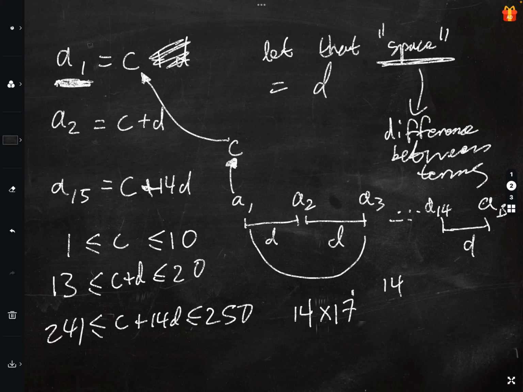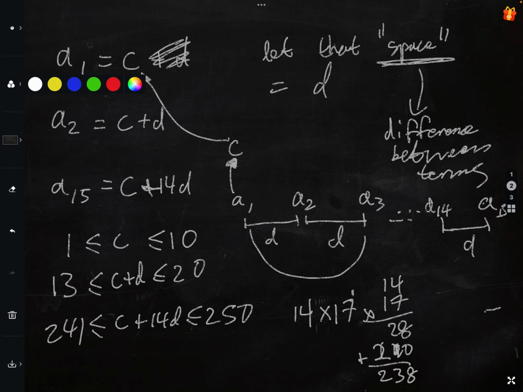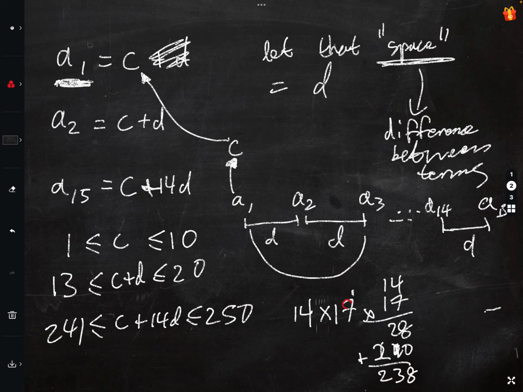We can just do a quick calculation here. 4110, and then we would just simply have 238 here, and well, oops, that's not what we're looking for. But it's close.